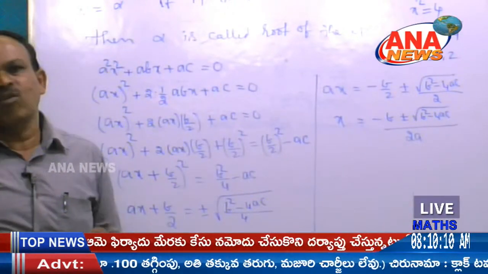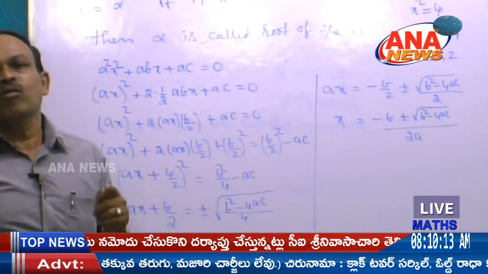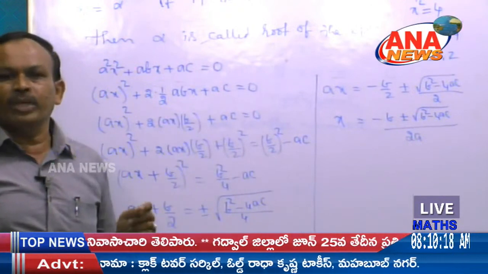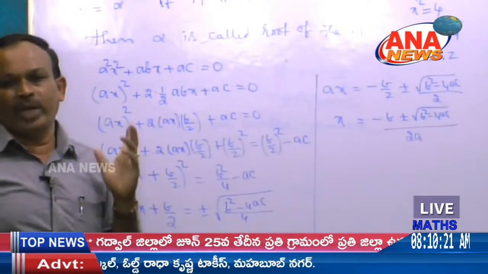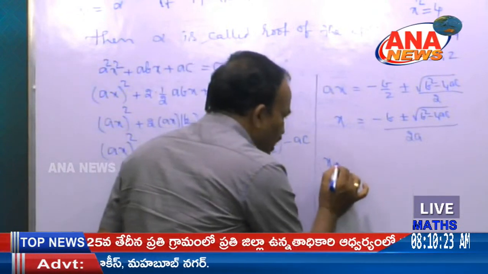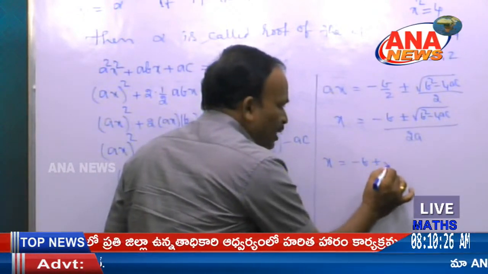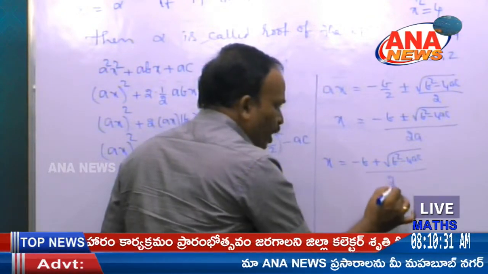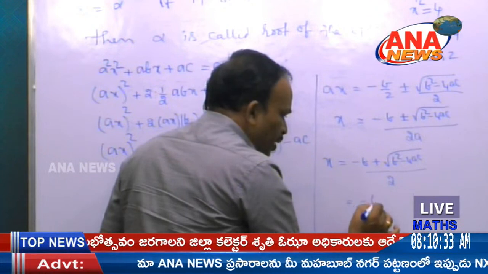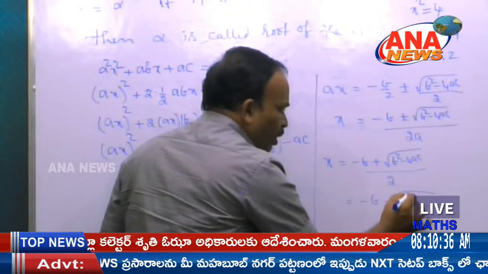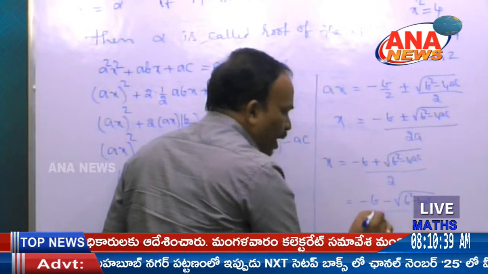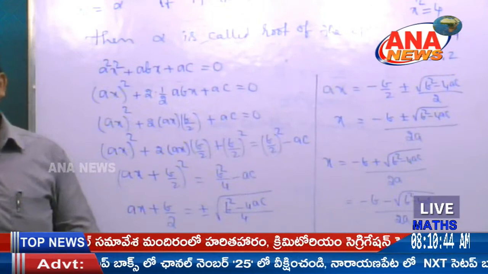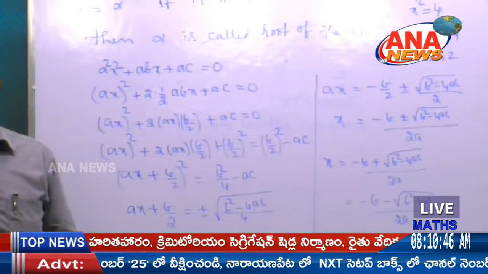So with plus, one root, with minus, another root. These are x is equal to minus b plus root over b square minus 4ac by 2a, and another root is minus b minus root over b square minus 4ac by 2a. So these two are roots of the quadratic equation.